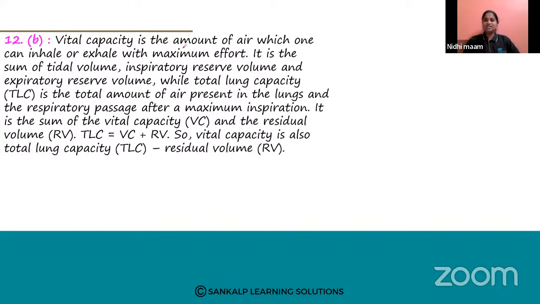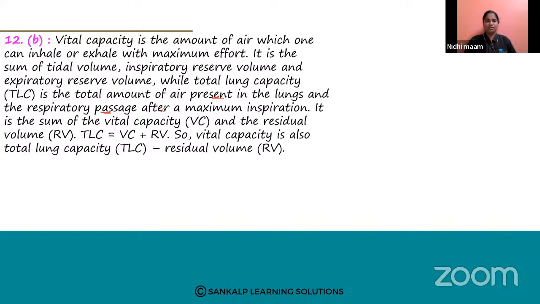So that is what we call vital capacity. It is the sum of tidal volume, inspiratory reserve volume and expiratory reserve volume. Total lung capacity is the total amount of air present in the lungs and the respiratory passage after a maximum inspiration.